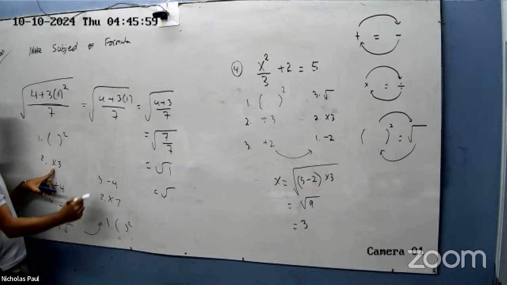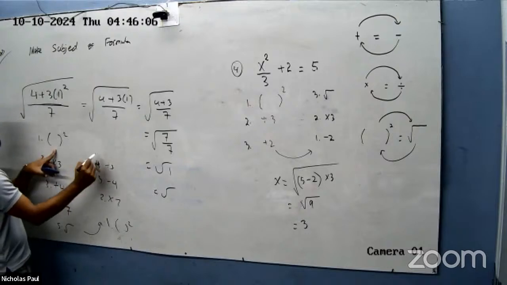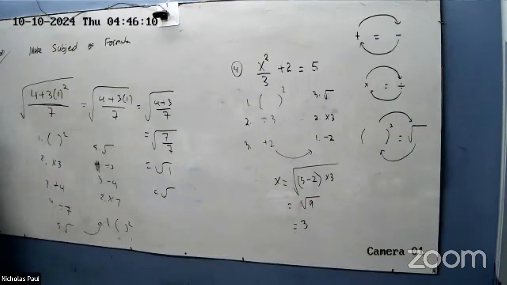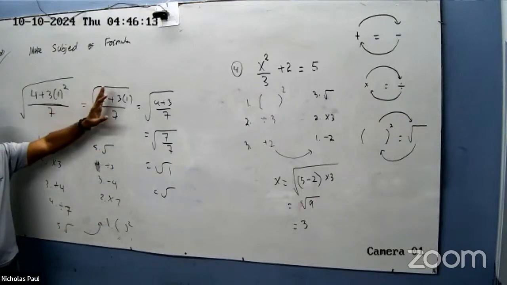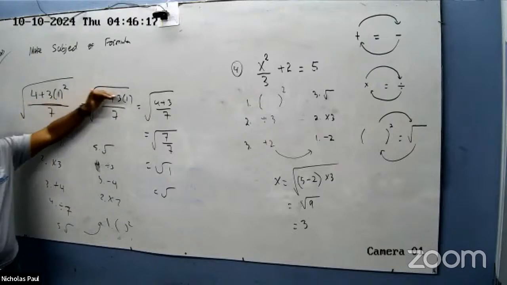What's the reverse of multiplied? And what's the reverse of square root? I mean squared? Squared. That's all. And you're going to apply this wherever the right hand side is. So your mind has to take you through these steps here.